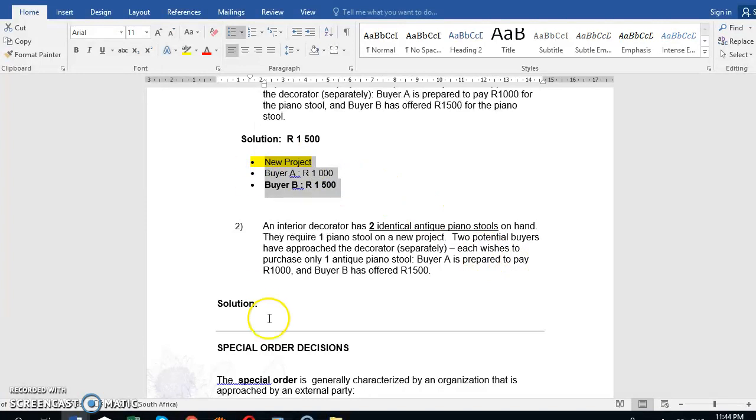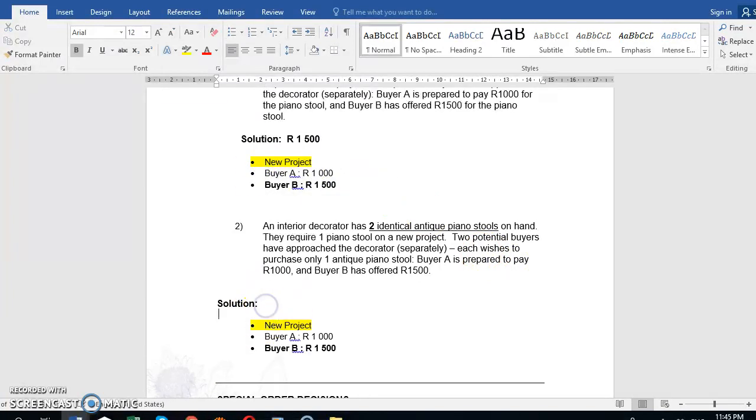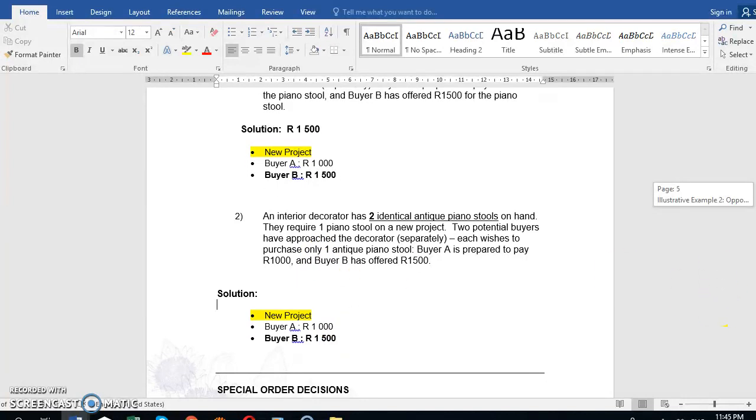And so it's again the same options, but we have two stools effectively. So I can keep the new project happy, and I can keep one of buyer A and one of buyer B happy.